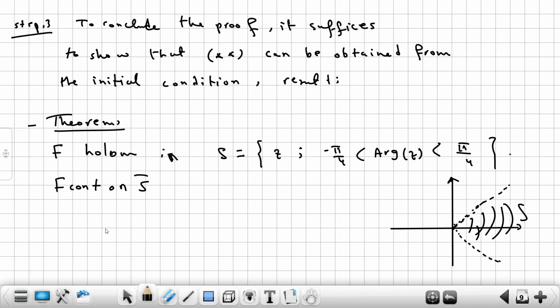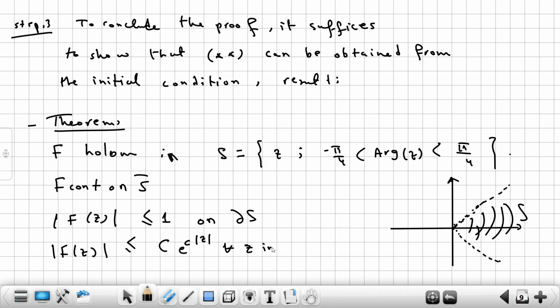Also suppose that modulus of F of z is less than or equal to 1 on the boundary of S. So the boundary of S is denoted by del S. And modulus of F of z, a lot of assumptions, is less than or equal to capital C e to the power small c modulus z for all z inside S. So this boundedness condition on the boundary, this growth condition in the interior, continuity on the closure, and holomorphic in the sector.